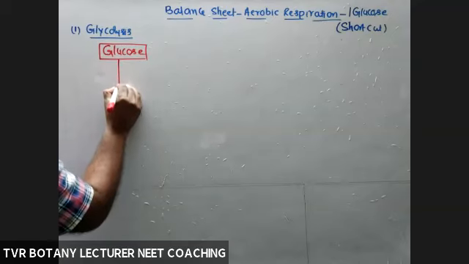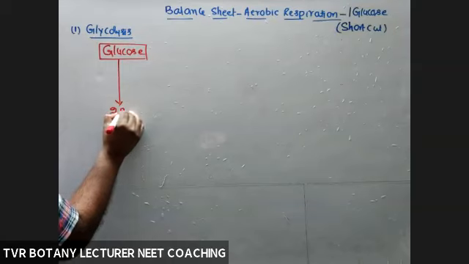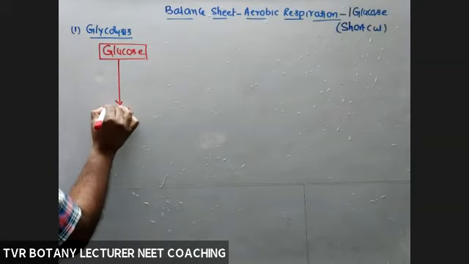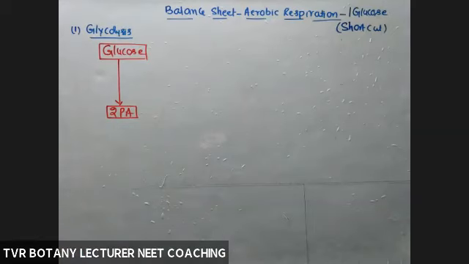One glucose molecule is converted into two molecules of pyruvic acid. Here we are going to discuss just energetics only. Balance sheet means ATP formation directly and NADH formation and synthesis of ATP from oxidation of NADH and FADH.